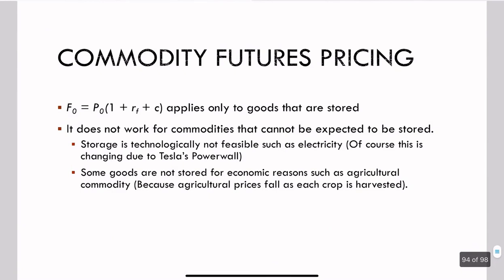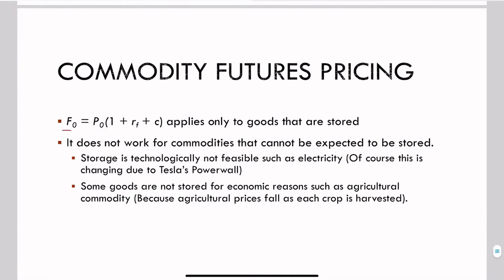Now, a caveat about this commodity futures pricing is that this nice simple spot futures parity theorem is only useful when this commodity can actually be stored. Right? So this is the key here.